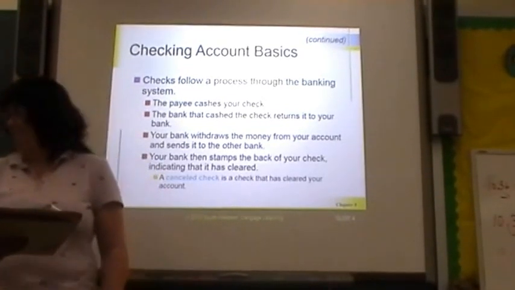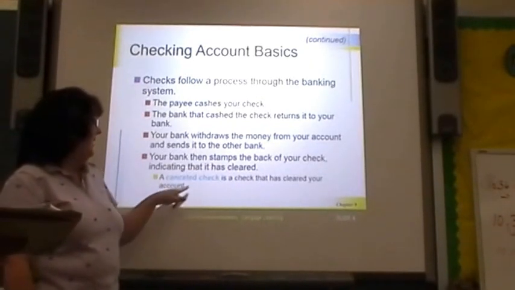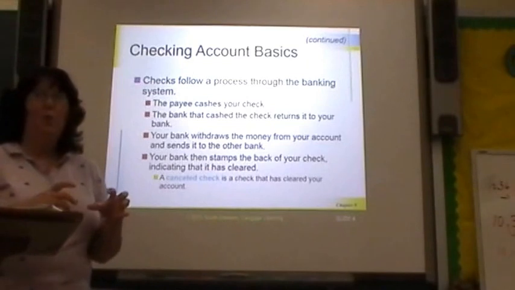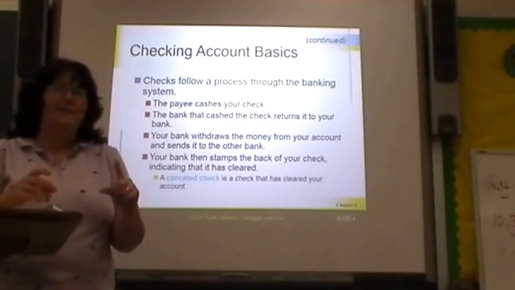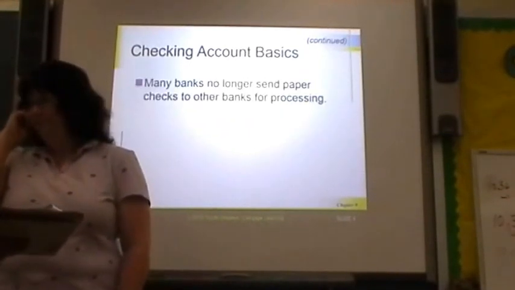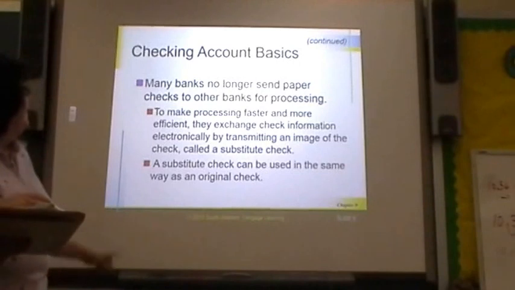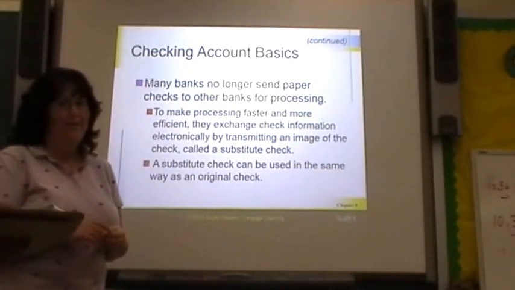Okay. So, a canceled check is a check that has cleared your account. So, it's not good anymore. It's no longer active, so it has been canceled, and that's where that term comes from. Many banks no longer send paper checks to other banks for processing.